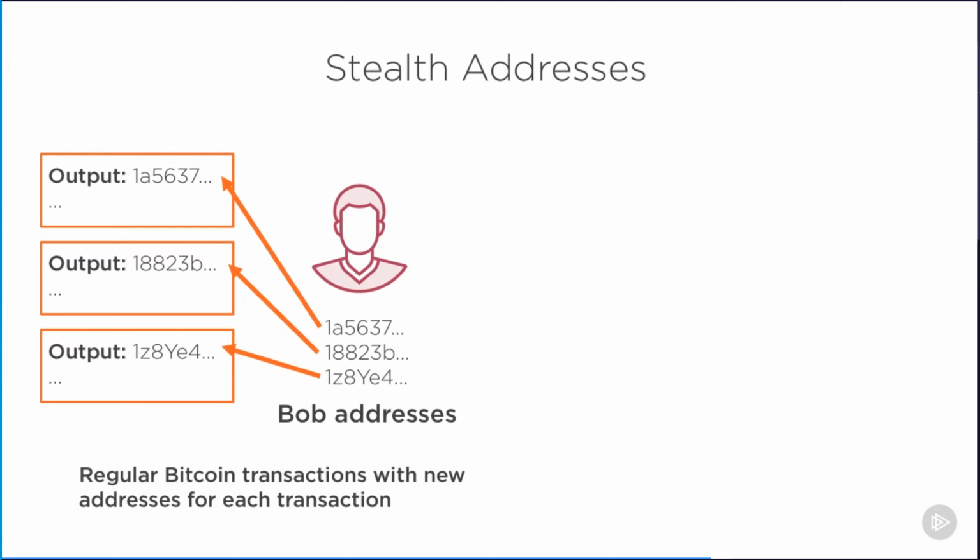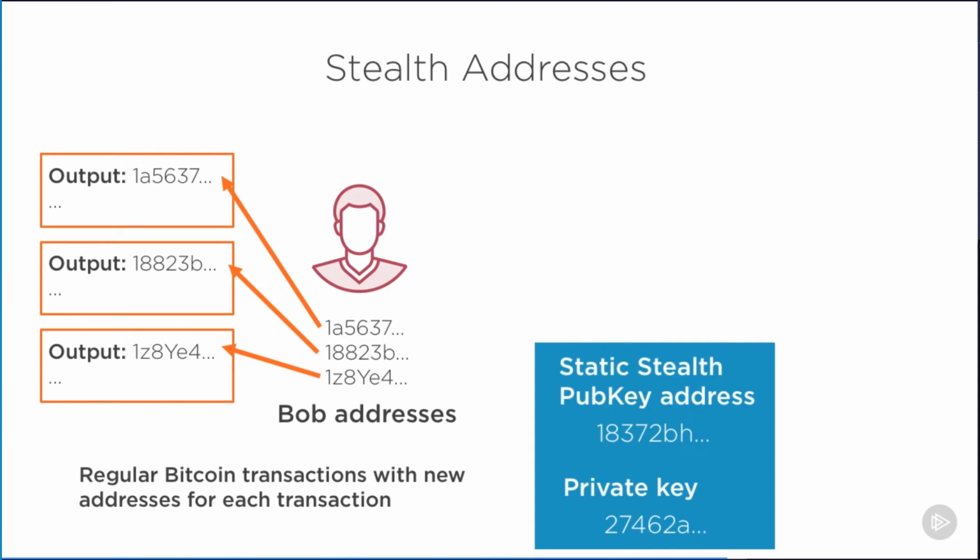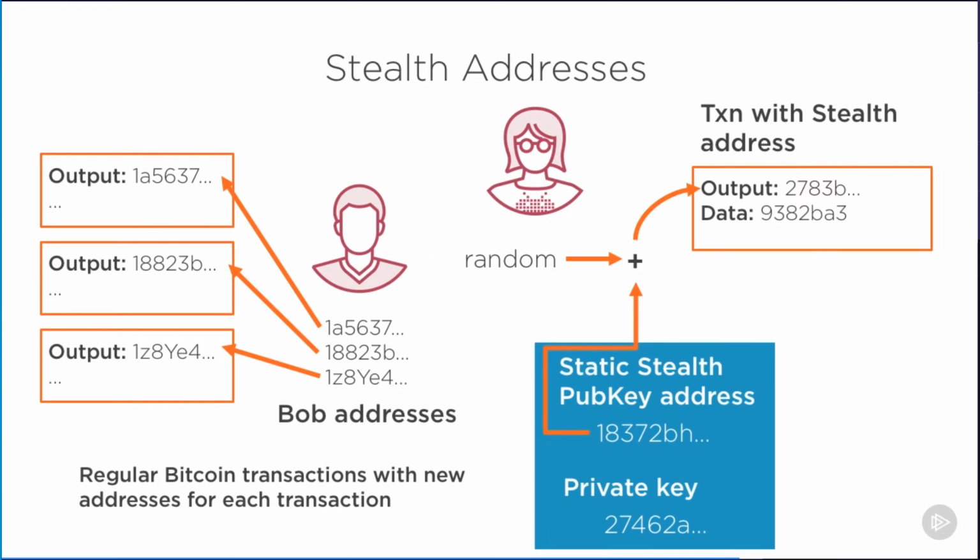Rather than having to generate a new address for every transaction, stealth addresses allow Bob to post just one special public key. Every time someone sends him money, they use his posted public key and mix it with some random data to calculate a one-time public key for a single transaction. To spend the money, Bob uses extra data also posted in the transaction by the sender to recover the corresponding private key and spend the money.